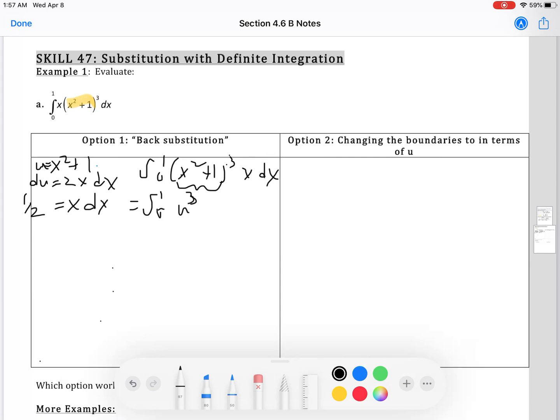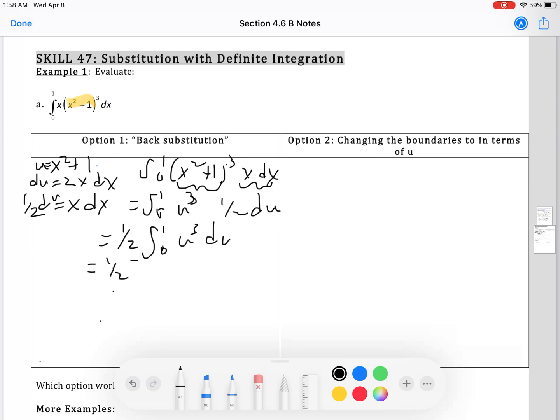And then the x dx is the 1/2 du. And I'm just going to put that 1/2 outside, and I'm going to perform the antiderivative.